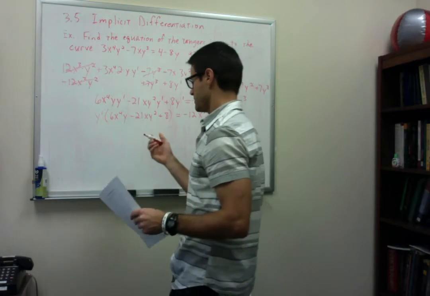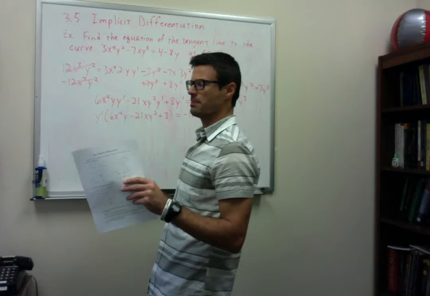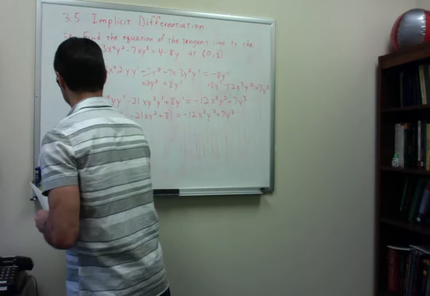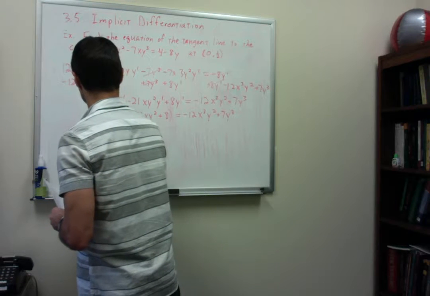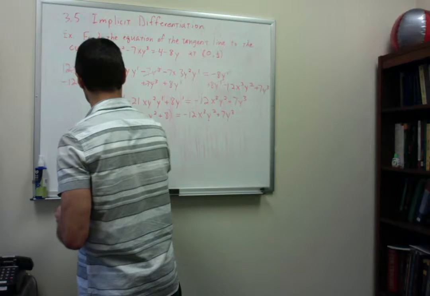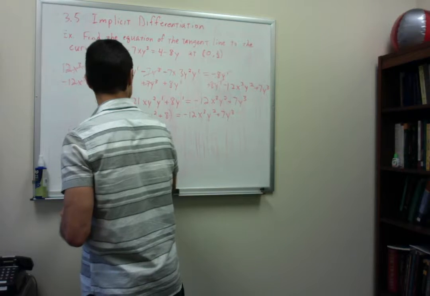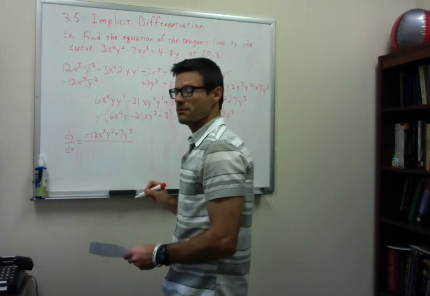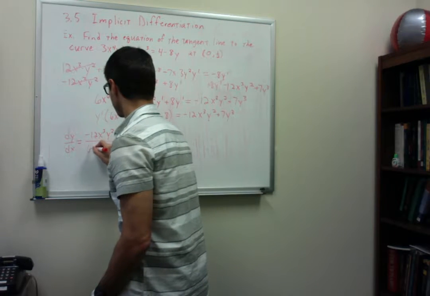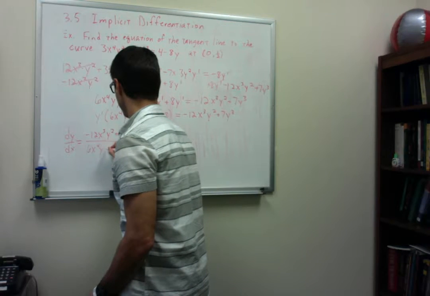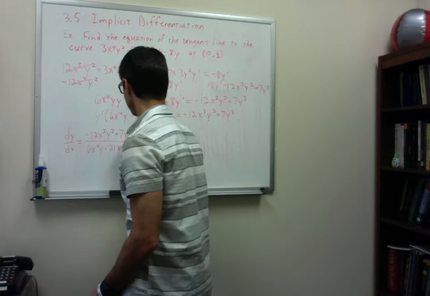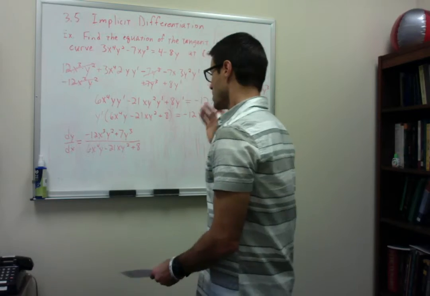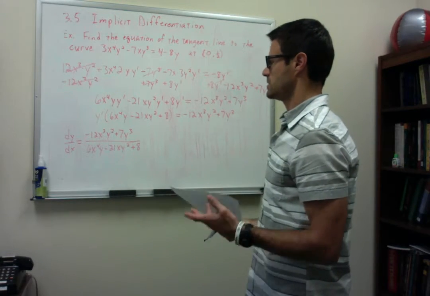I'll write y prime as dy/dx. So dy/dx is equal to minus 12x cubed y squared plus 7y cubed, divided by 6x to the fourth y minus 21xy squared plus 8. That gives us a formula for dy/dx.